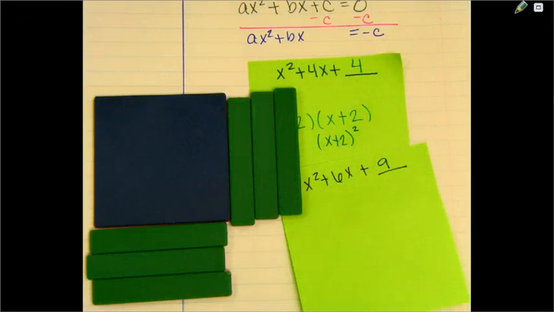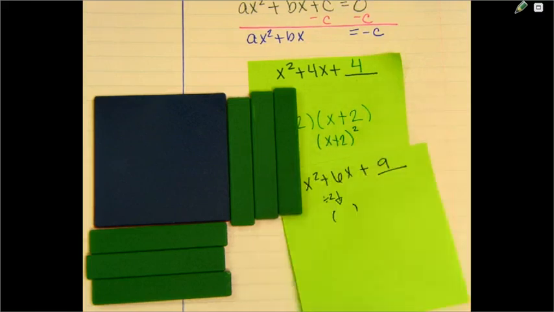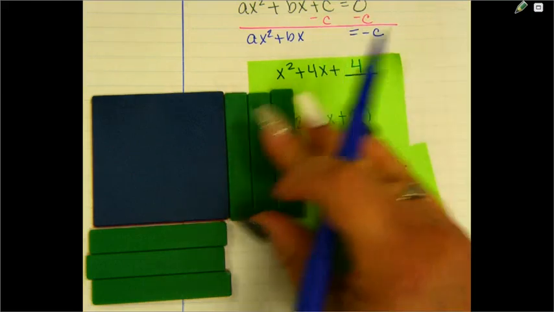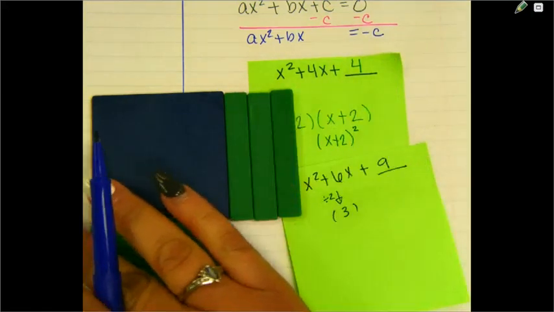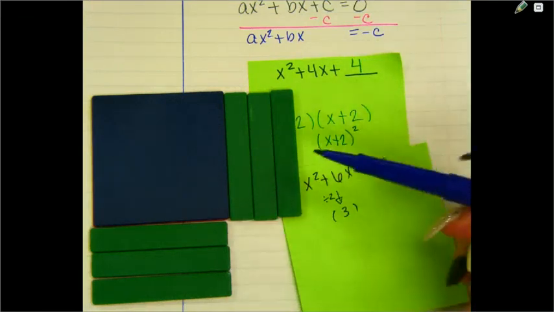So what are you doing in your head? How did we figure that out? You divided what by 2? You divided the 6 by 2, which is how much? 3. And then what did you do with that 3 in your head? Multiply it by what? Square it. Because this is 3 times 3, right?